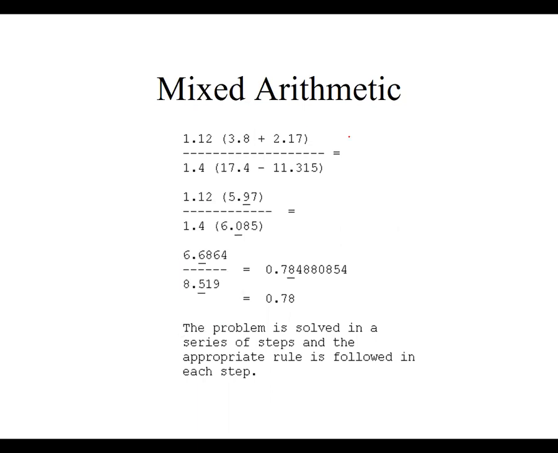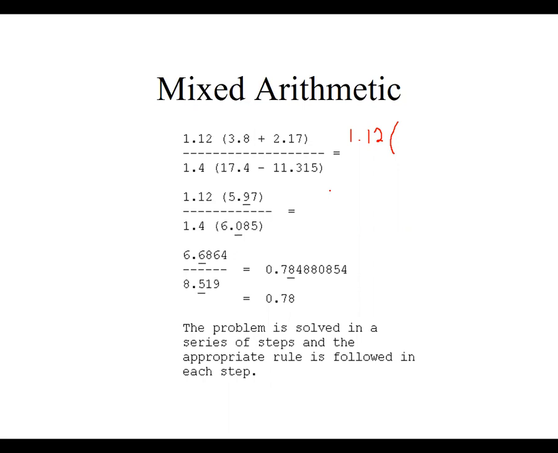Okay, and so let's say that I first leave the 1.12, and then I'm going to calculate what I have in parentheses there. I have to add 3.8 plus 2.17.